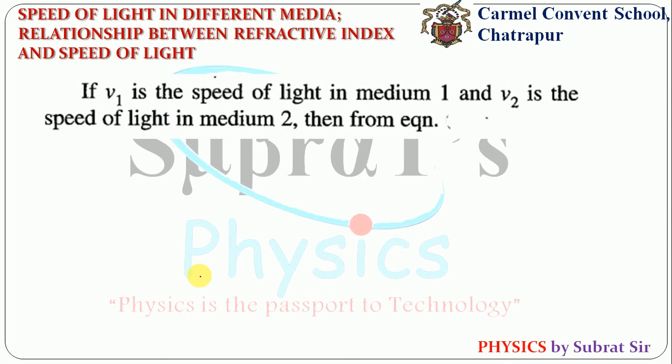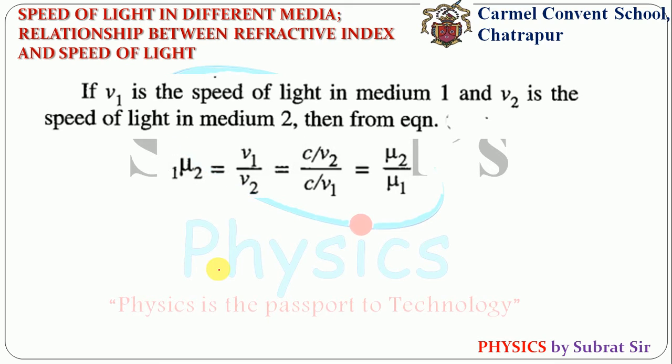If v1 is the speed of light in the first medium and v2 is the speed of light in the second medium, then we can write 1 mu 2 equals v1 by v2. We can multiply and divide by c, so we get (c by v2) divided by (c by v1).